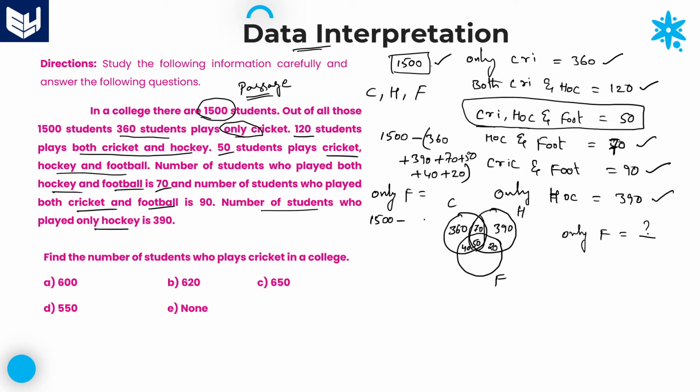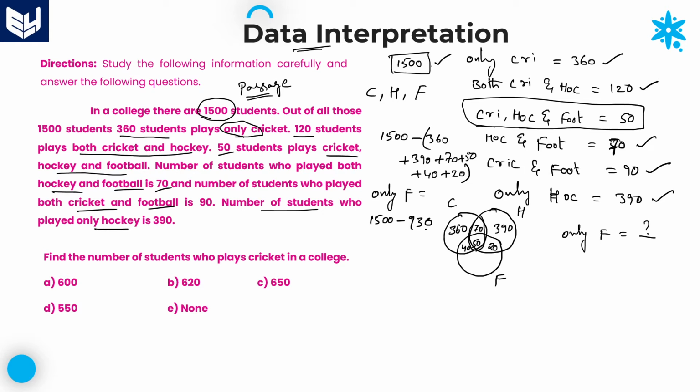Units place is 0, and next coming to tens place, 6 plus 9 15, 15 plus 5 20, 27, 27 plus 4 31, 31 plus 2 33, 3 is the carry forward, and next 3 plus 3 6, 6 plus 3 9, still that is 9, 930. So sum of all the values except only football, remaining values are 930.